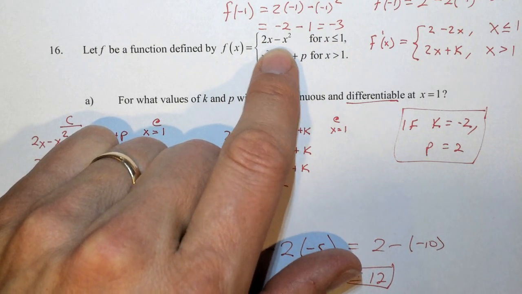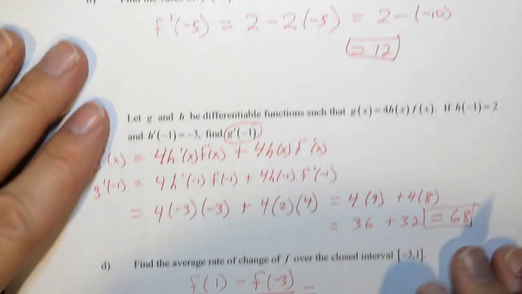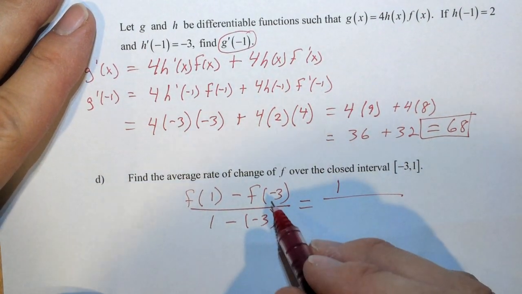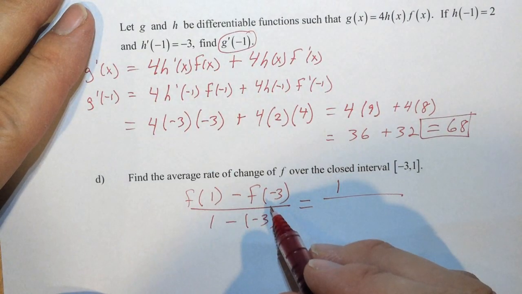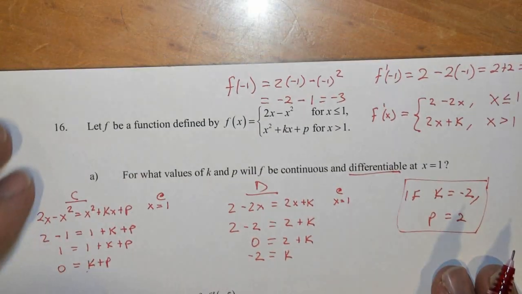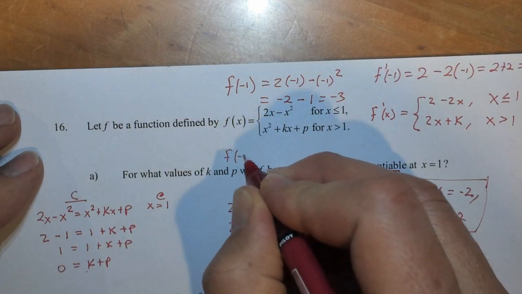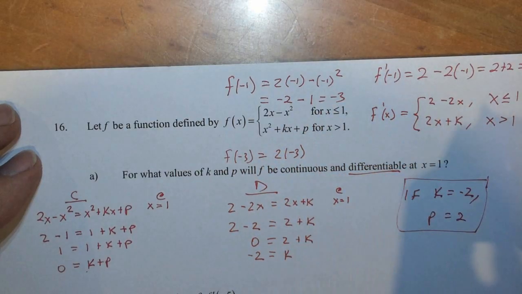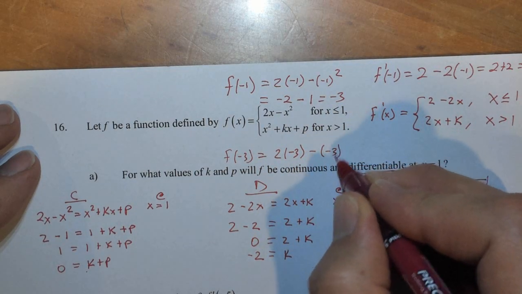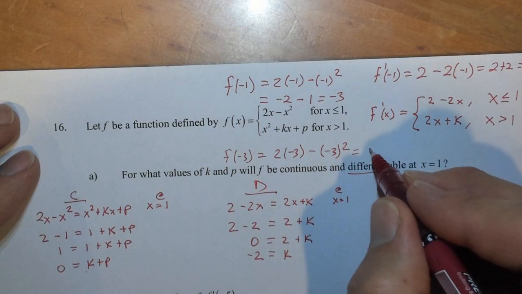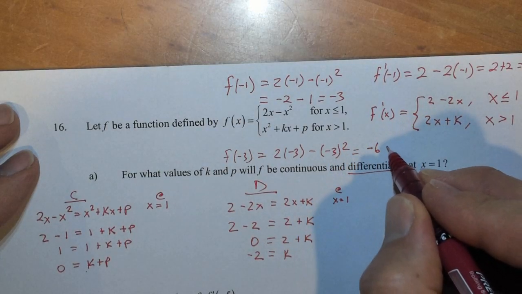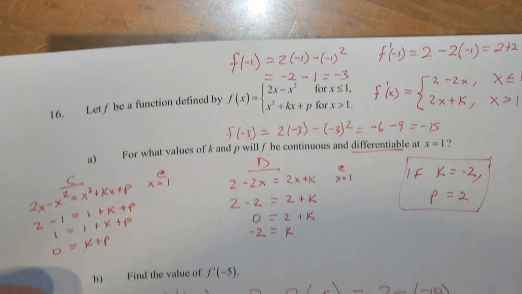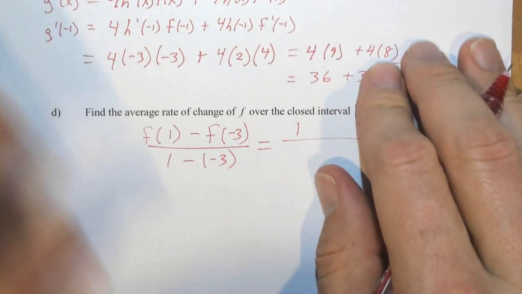F of 1 is 2 minus 1, so f of 1 is 1. Now we need f of negative 3. Negative 3 is less than 1, so it's going to be 2 times negative 3 minus negative 3 squared, which is negative 6 minus 9, or negative 15. F of negative 3 is negative 15.